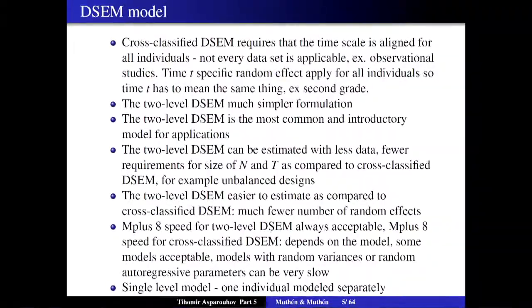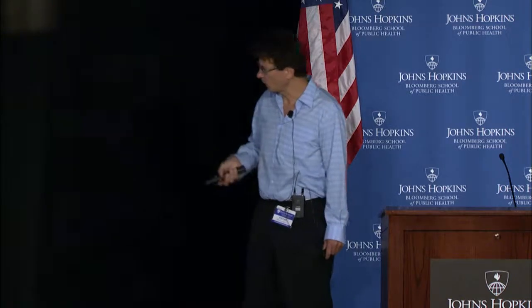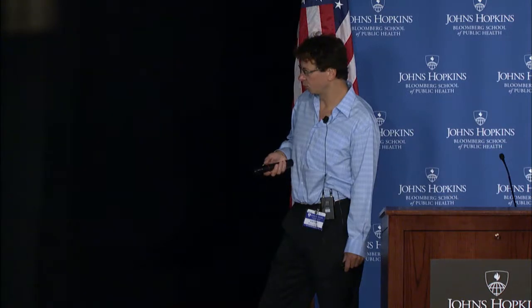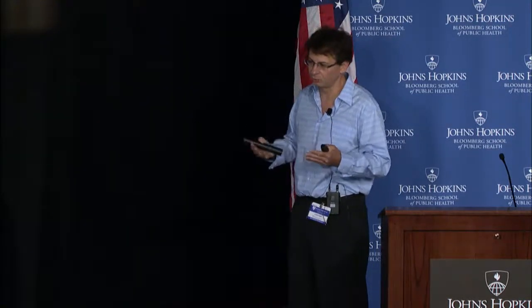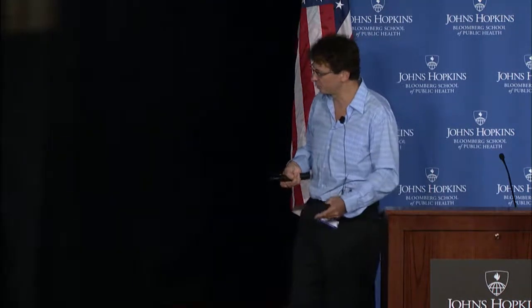In addition, related to the current implementation in Mplus, the cross-classified model can sometimes be very slow, in particular when you have subject-specific autoregressive coefficients and subject-specific variances. In that case, the structural equation models you end up with on the within level become so specific to the time and individual that for every time data point in your data set, you have to analyze a completely different structural equation model.